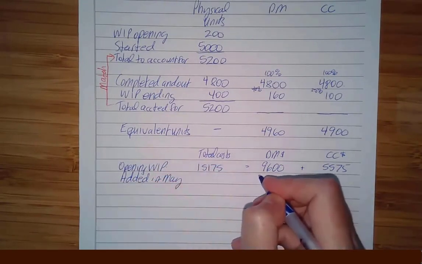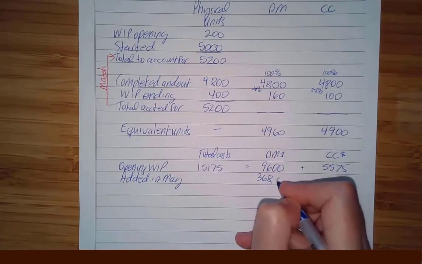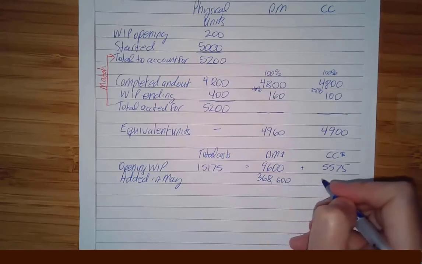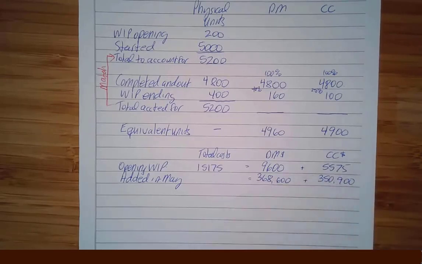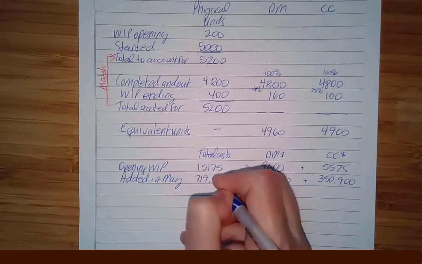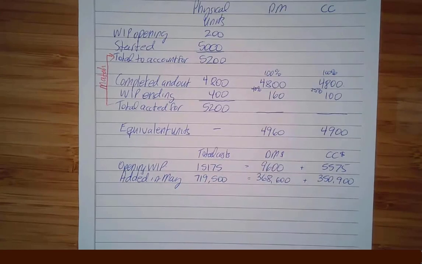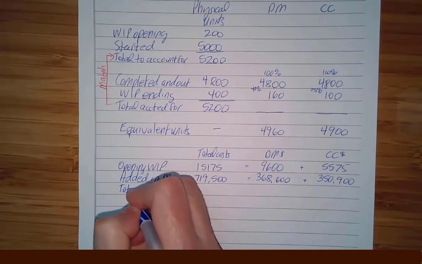For direct materials, I had $368,600 of costs. For conversion costs, I had $350,900. If I add these two numbers together, it will tell me how much in total I spent during this period. This was $719,500 in costs. So this is what I have to account for.